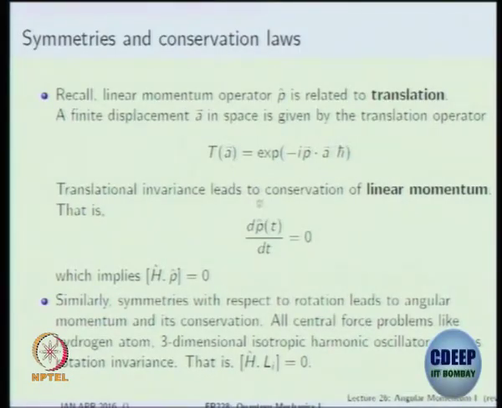So symmetries with respect to rotation, just the same thing. Hydrogen atom is invariant under rotation, right? Is it invariant under translation? The hydrogen atom problem is written in relative coordinates. There is a proton at position x_p vector and there is an electron with coordinate x_e vector, and when I write V, it is a function of the difference between the proton coordinate and the electron coordinate.